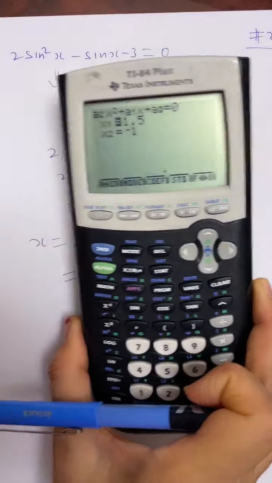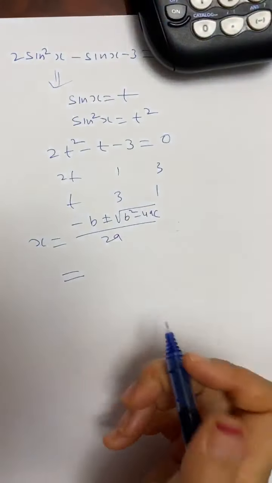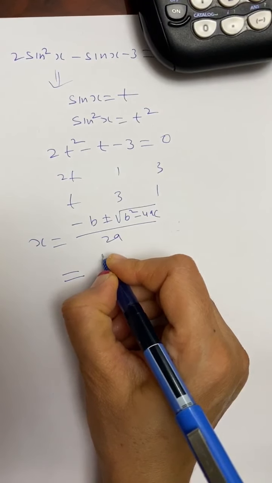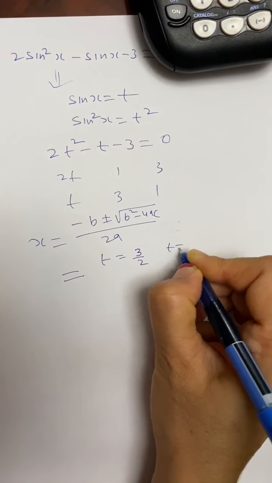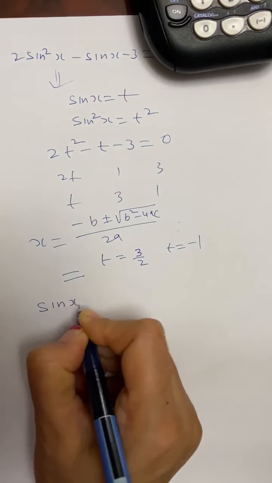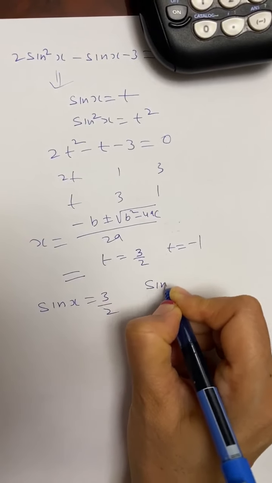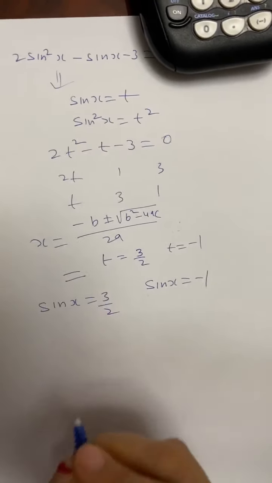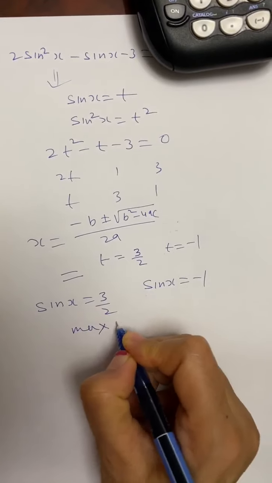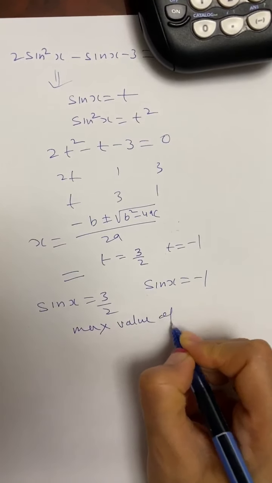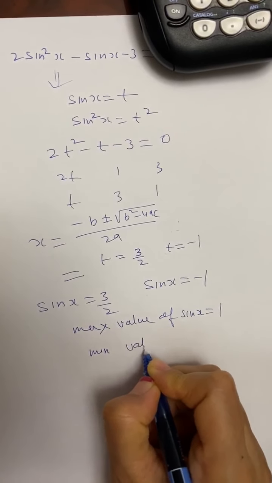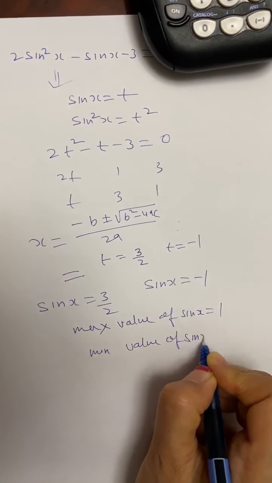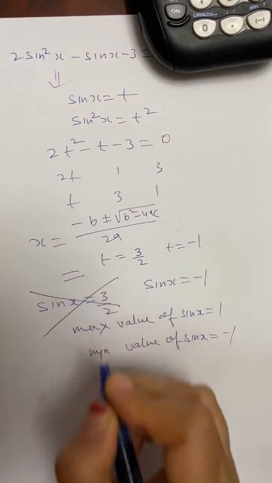So you got 3 over 2 and -1. So your t value you got is 1.5, which is 3 over 2, and then t is equal to -1. And remember, t was sine x, and then sine x is equal to -1. But if you remember, the maximum value of sine is 1, and the minimum value of sine is -1, which means this is not possible.